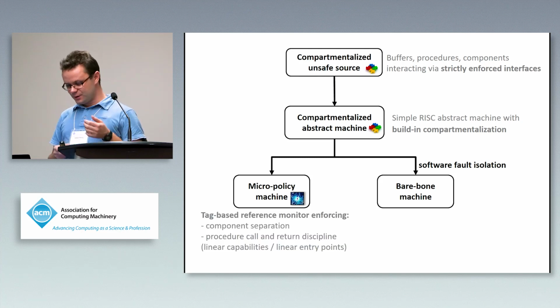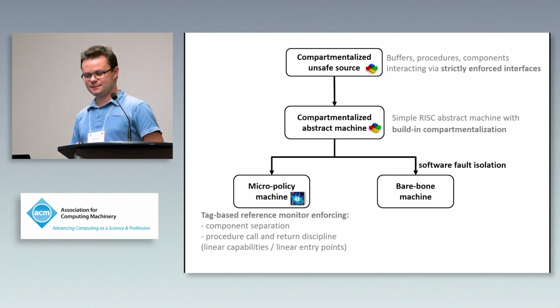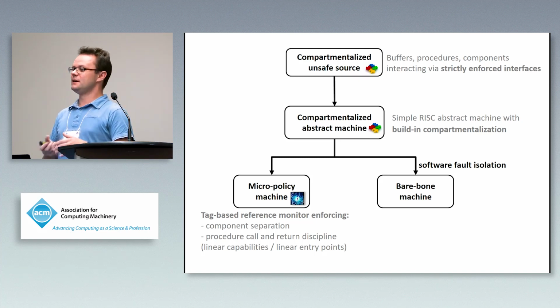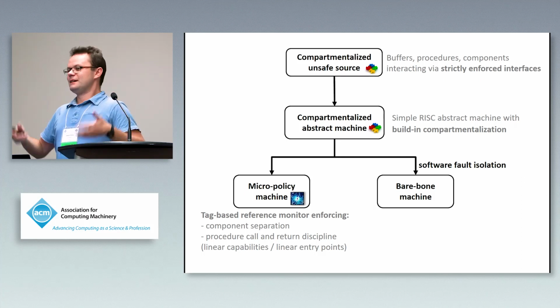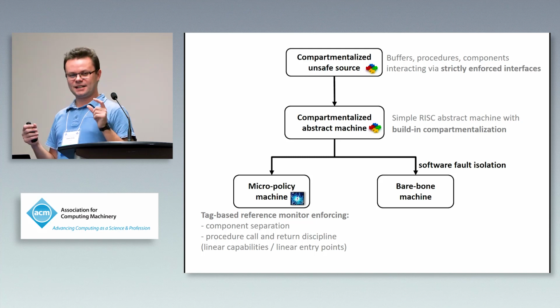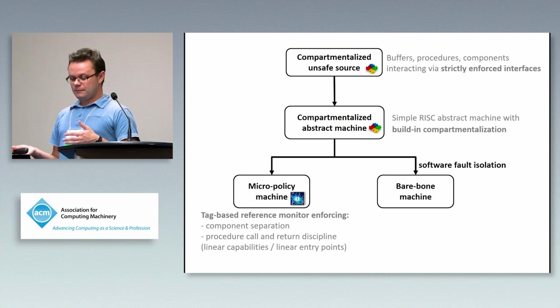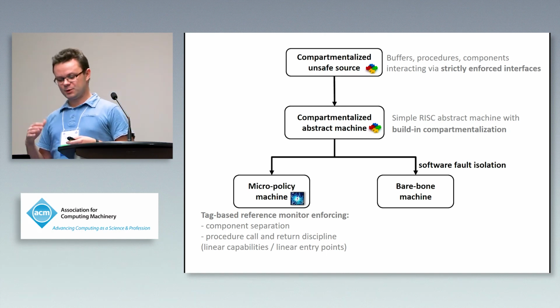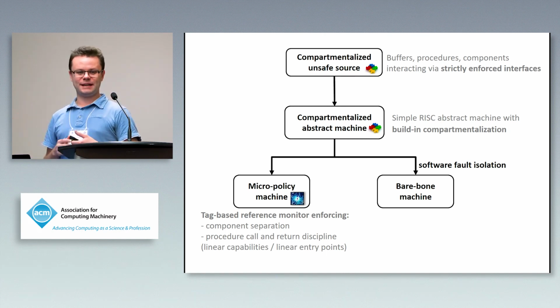The first way we do it is using a tag-based reference monitor, something we call micropolicies. We've been working on it for quite a long time. It's a special hardware in which each memory and each register has a large metadata tag, and this is propagated via a reference monitor. We use a quite clever scheme to ensure things like the fact that you return to the right place.